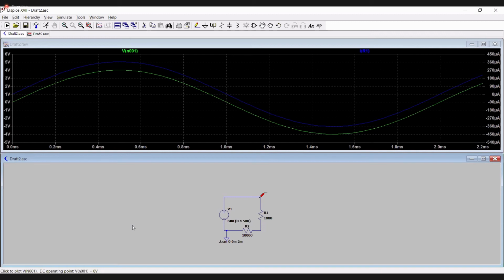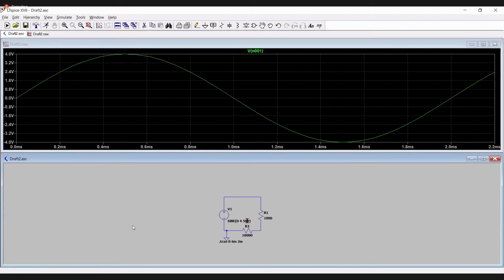For example, we are trying to measure the sinusoidal voltage across R1. What you do is press the top node here, and then drag your cursor. As you can see, our cursor is transparent.